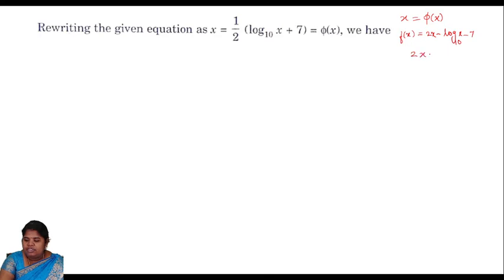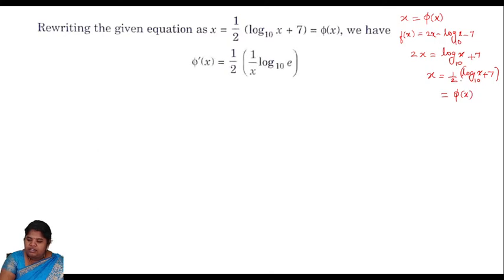So 2x is equal to log x to the base 10 plus 7, or x is equal to 1 by 2 (log x to the base 10 plus 7). So now this is our phi of x: phi of x is 1 by 2 (log x to the base 10 plus 7).